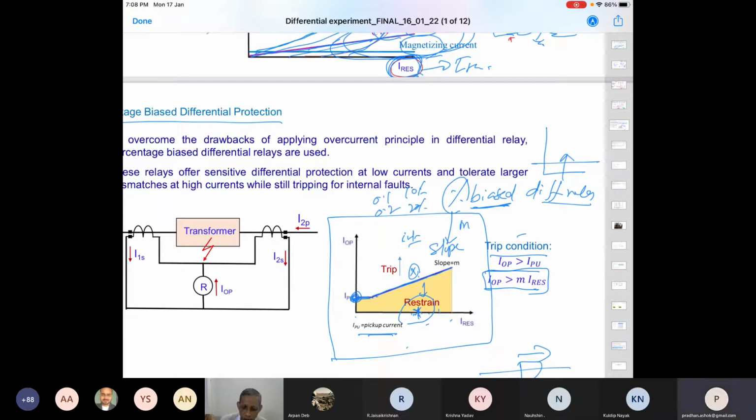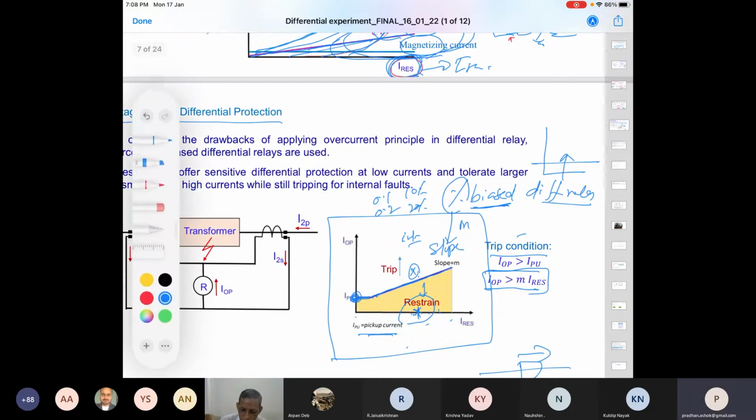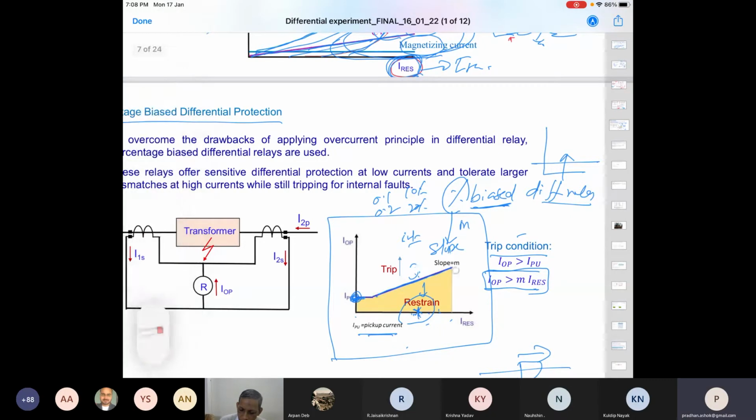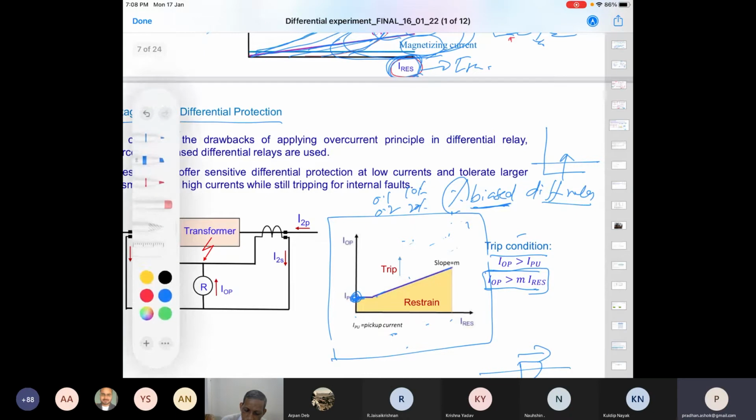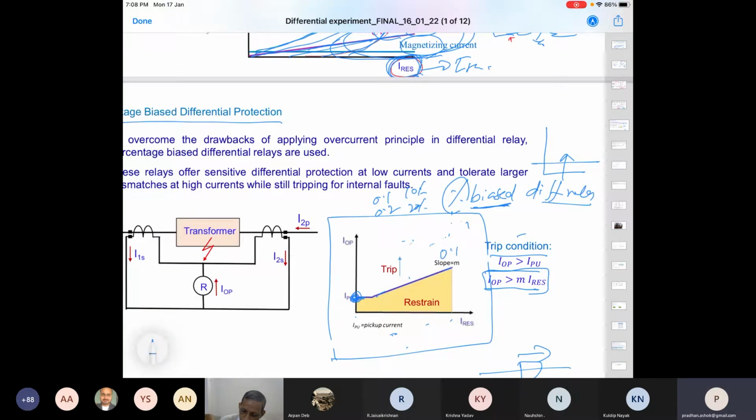Now the question is, should I go for a higher slope or a lower slope? Let us say this slope is 0.1. Another can be 0.2 if I go for a higher slope. So should I opt for 0.1 or 0.2? If I go for 0.2, many external events which were earlier taken care of will not be mistaken for an internal fault.